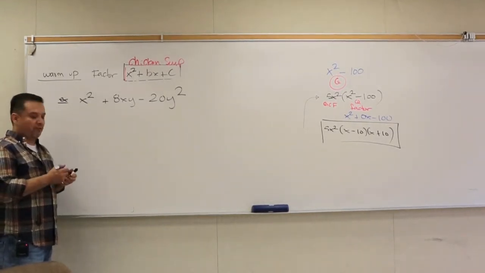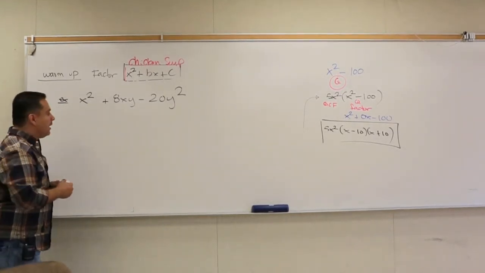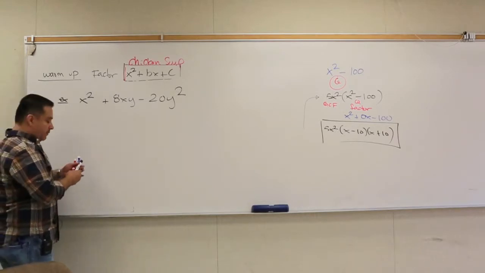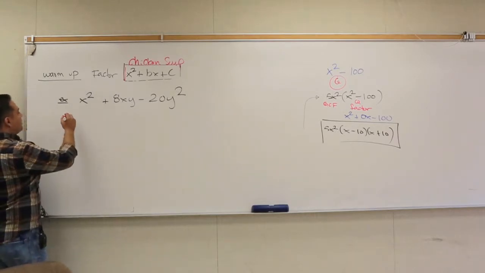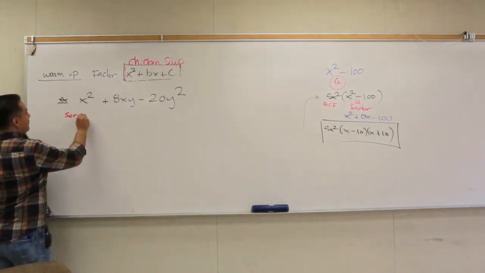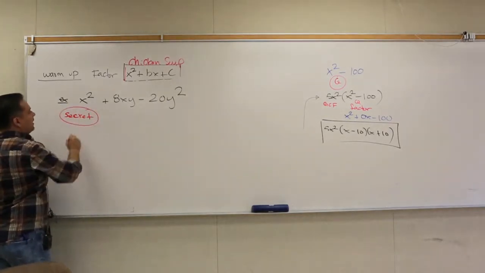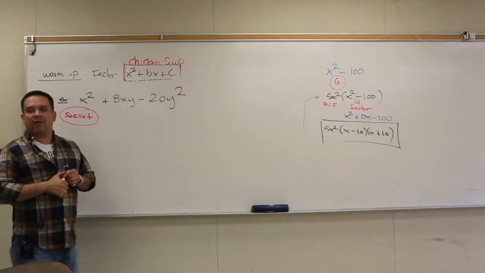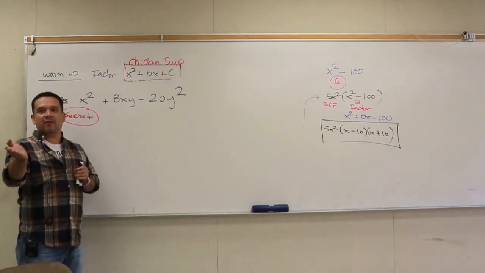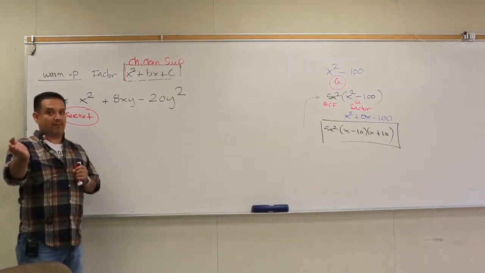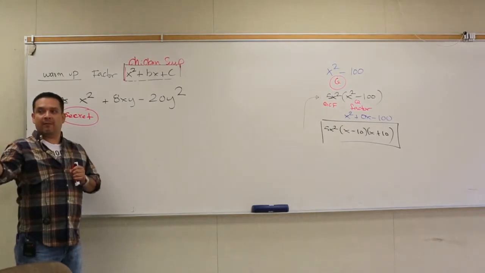So if I'm in that situation, you guys know how I factor this? I like to keep things really simple. I'll tell you the secret, okay? If I tell you the secret, you have to not tell anybody. Because you have to keep the secret. Anybody here have any secrets? You have any secrets? I do. Do you have any secrets? No?